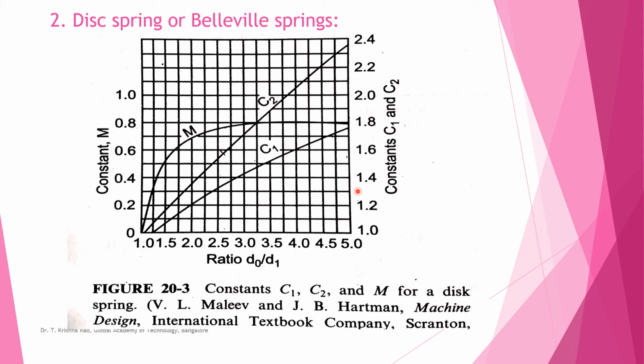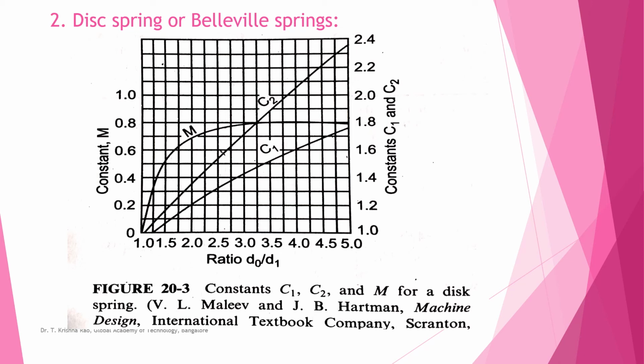This line is 1.3, next 1.4, and this value comes to maybe 1.35 or 1.36 approximately. Similarly, at the same 2, touch the M line. Read the value on the left side. It is between 0.6 and 0.8, say 0.7.